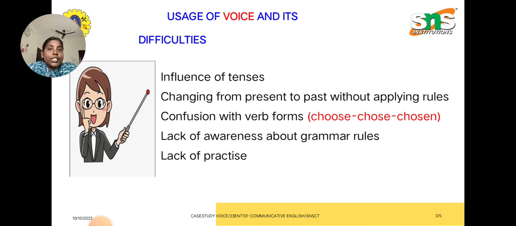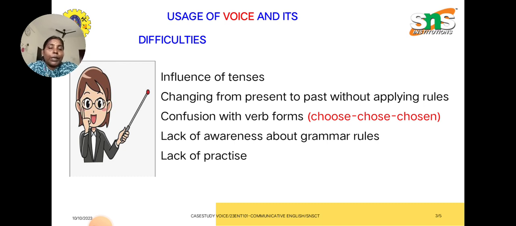In voice, we know that the influence of tense is predominant, and there is difficulty in changing from one tense form to another, and confusion with verb forms, that is, not being sure about the tense form of the verb. For instance, write, wrote, written. Students are most familiar with the regular usage of verbs.